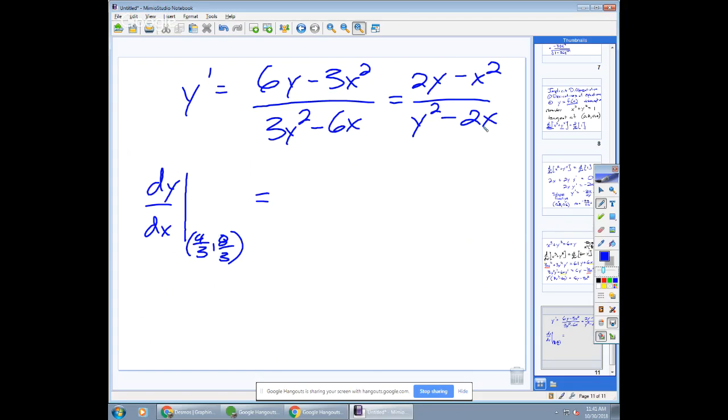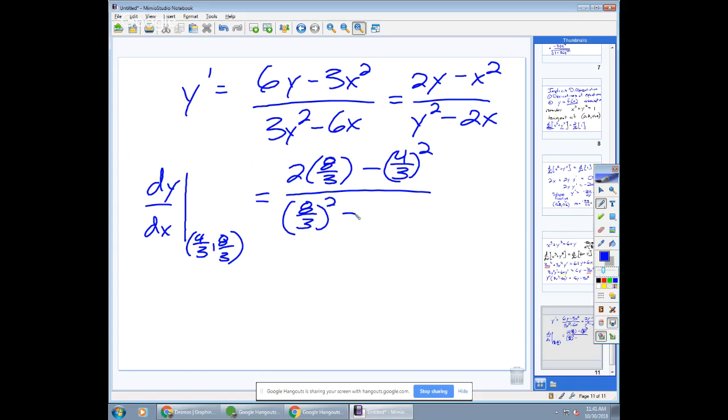Let's see, is that what I got earlier? Yes, that's what I got earlier. All right, now plug in. So 2 times 8/3 minus 4/3 squared over 8/3 squared minus 2 times 4/3.